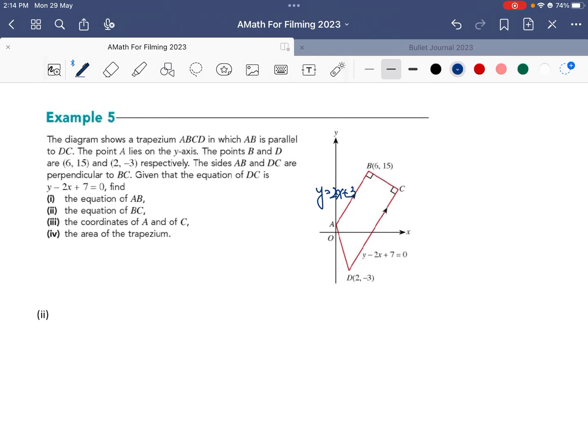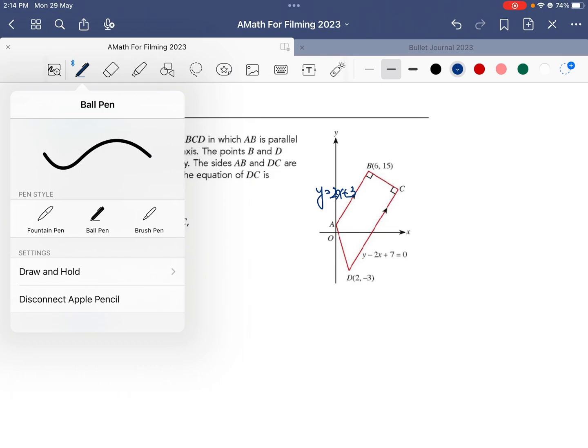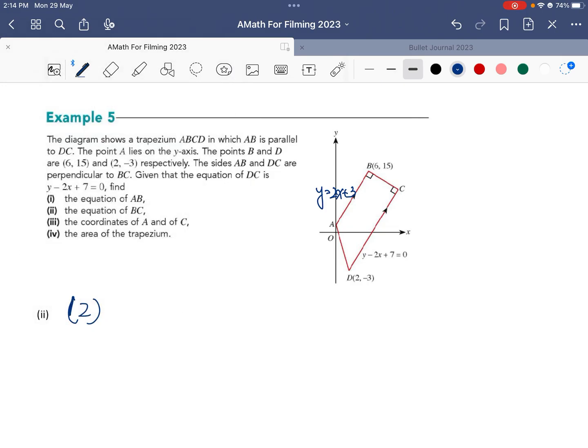Now, I'm trying to find the equation of BC, not a difficult question. I already have the point passing through BC, which is (6, 15). I notice that AB and BC are perpendicular. And remember, for perpendicular lines, m1 times m2 equals -1. Hence, 2 times m equals -1, so m is equal to -1/2.